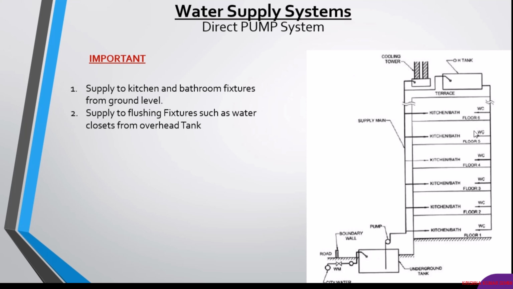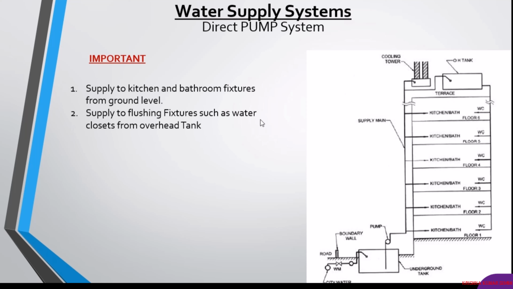Because water closets require pressure, they have flushing tanks installed. Therefore we have a separate overhead tank for these fixtures, but for kitchen and other bath and toilet room fixtures like laboratories and showers, we supply from the underground tank.